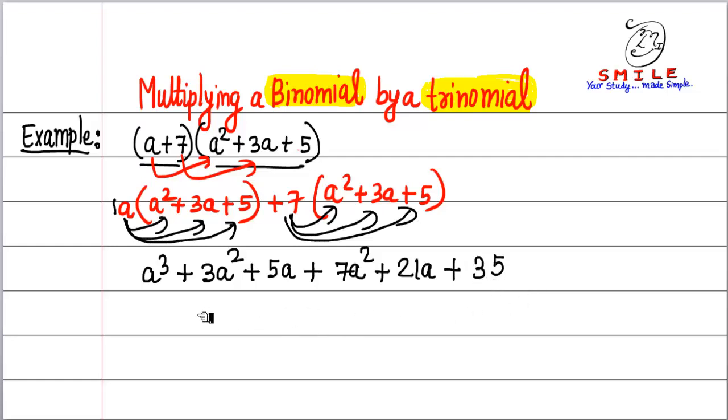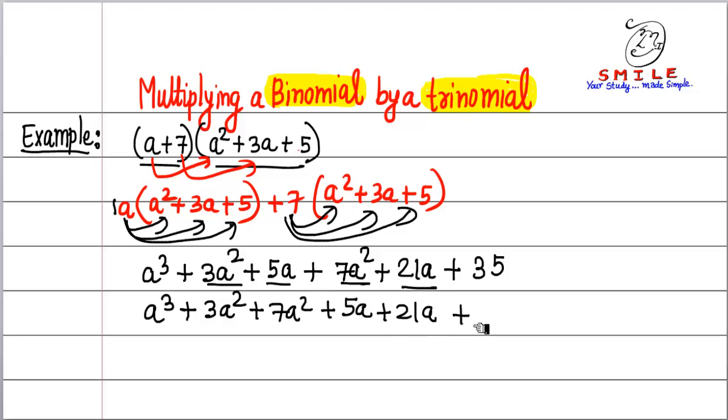Let us bring the like terms together. Is there anything like a cube? No. After that, is there anything like 3a square? Yes, here, so these are like terms, so we write it nearby. Then we come to 5a, yes 21a is the like term, plus 35.